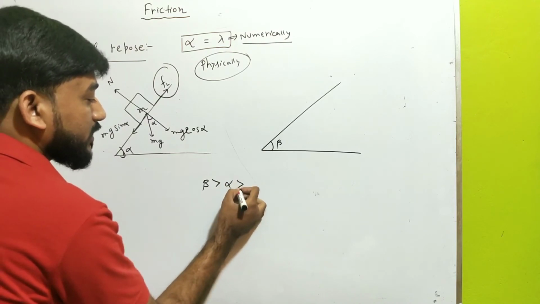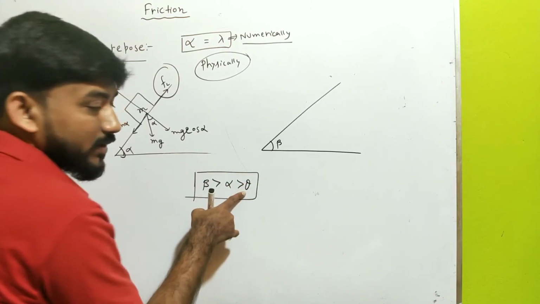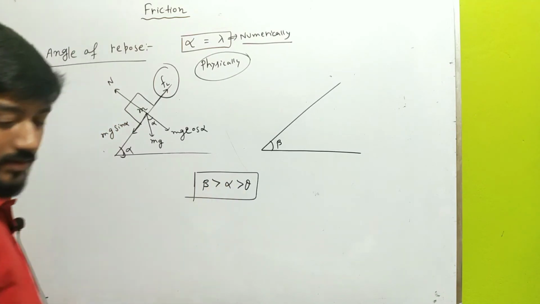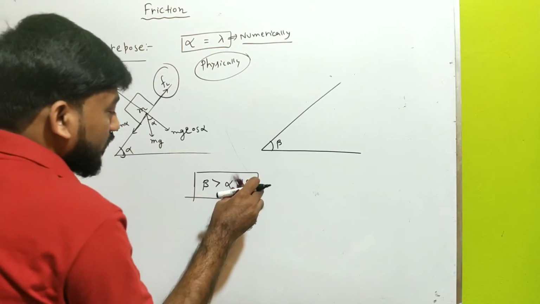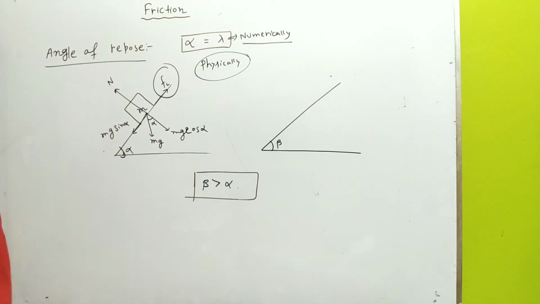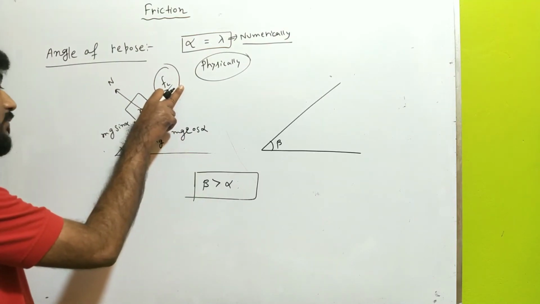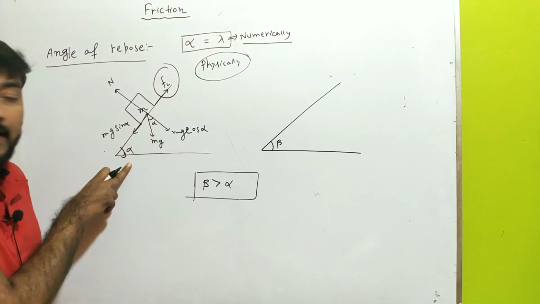Theta is a general case, so you don't need to write it down like this. Alpha may be theta, beta may be theta; it is the angle of inclination in any situation. But when there is a limiting frictional force, this is called the angle of repose.